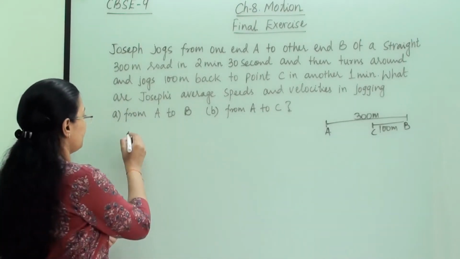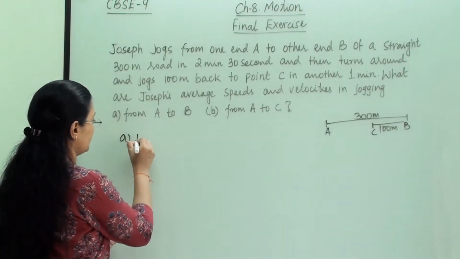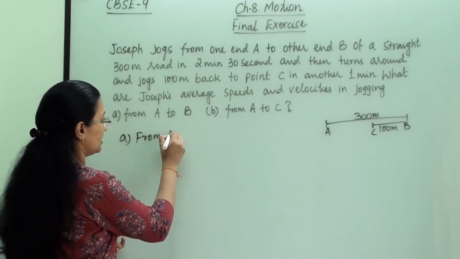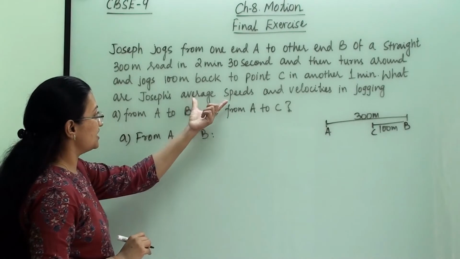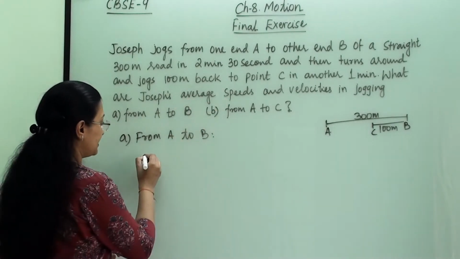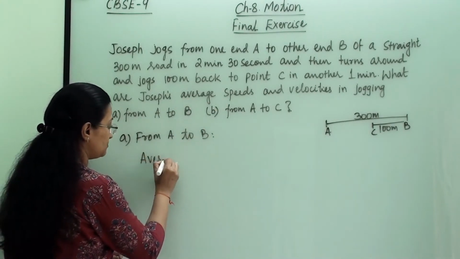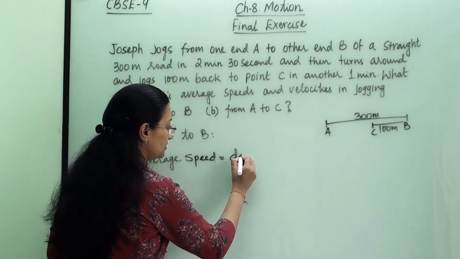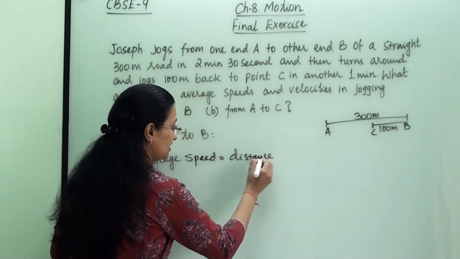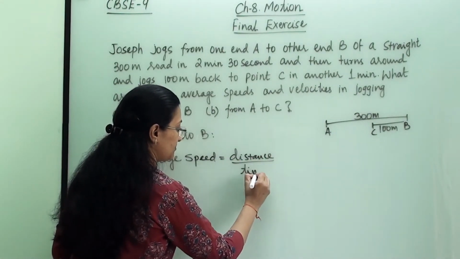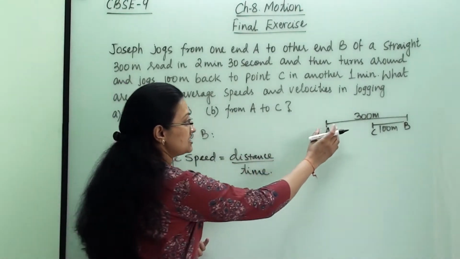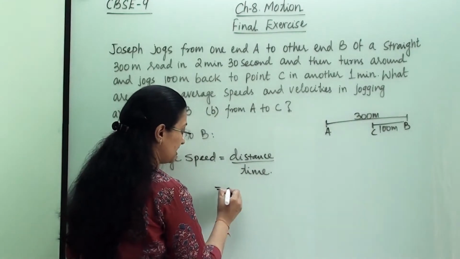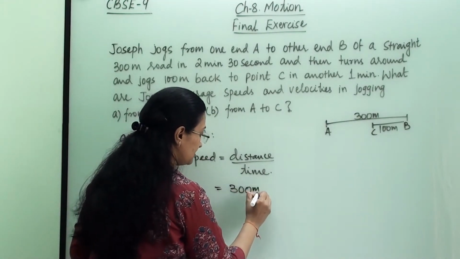Here we first find out for A to B. The first one is average speed. Average speed equals distance divided by time. For A to B, how much distance is there? 300 meter. So we write here 300 meter.